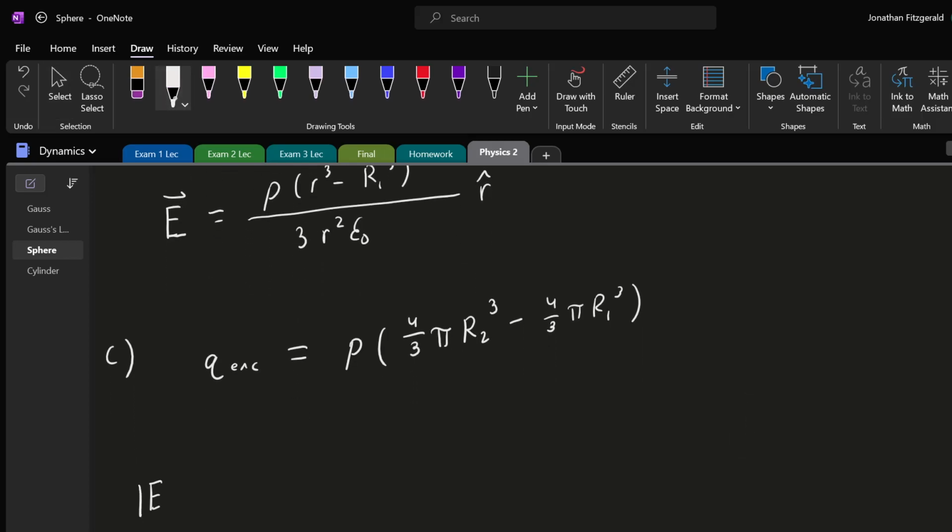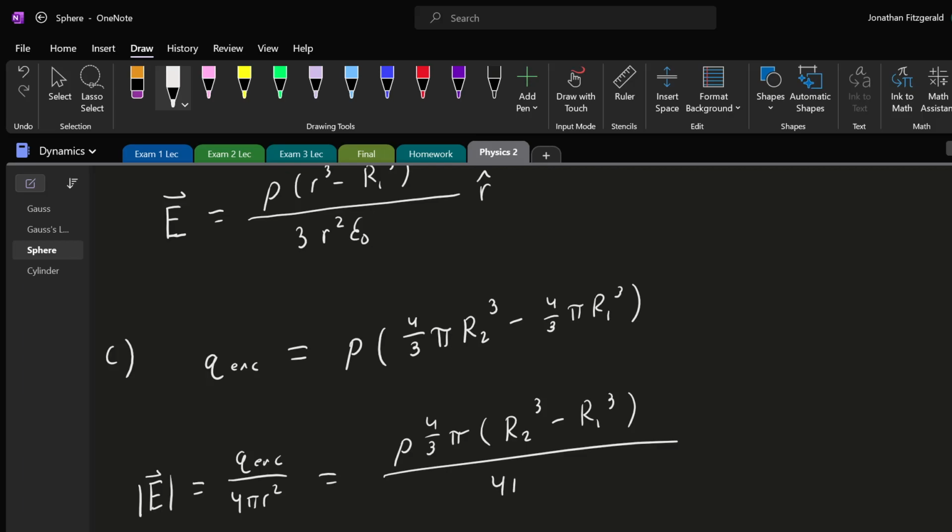If we plug that into our formula, 4 pi r squared, we're just going to get, again, factor, rho R2 cubed minus R1 cubed divided by 4 pi r squared.